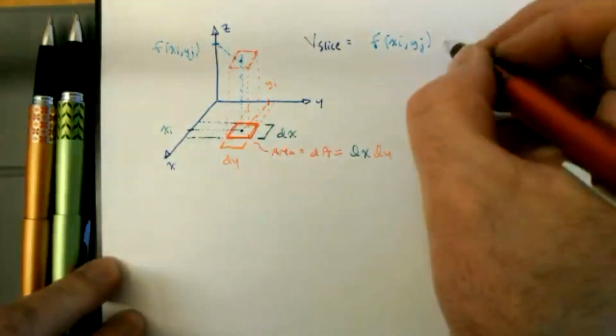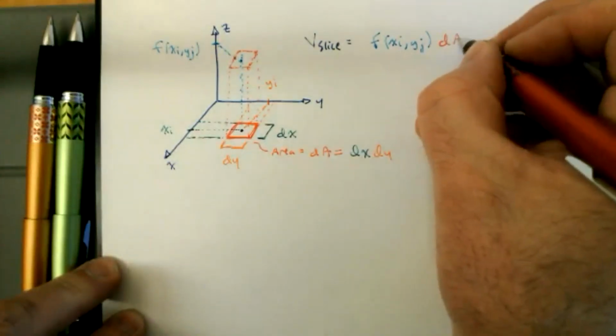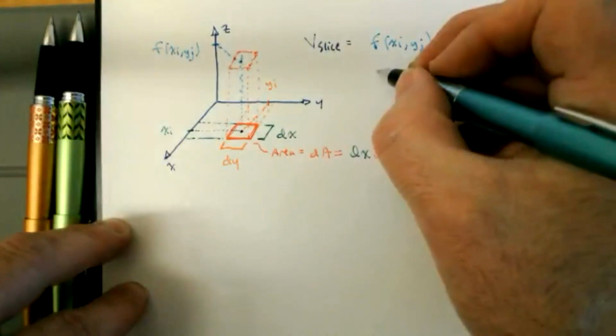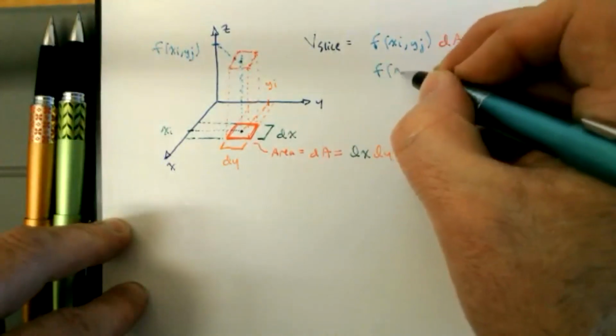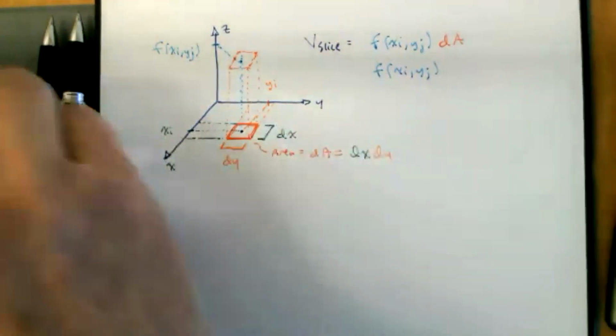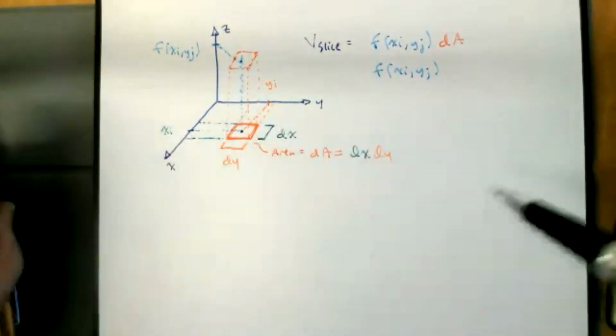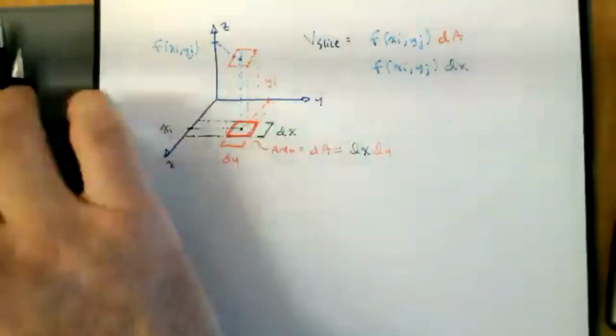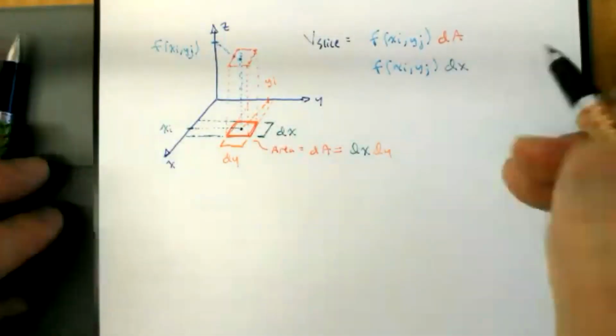And the area is just dA. But we're going to read the area as dx times dy. So I can write f at xi, yj for all the x values, so dx, and all the y values, dy.